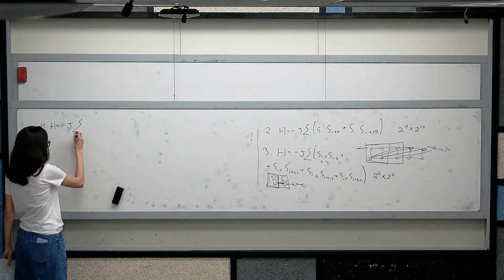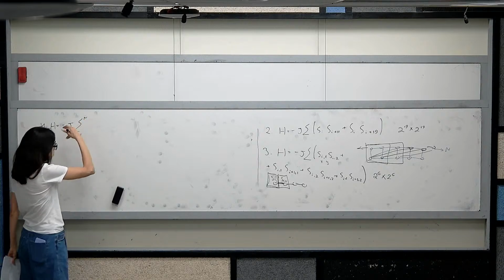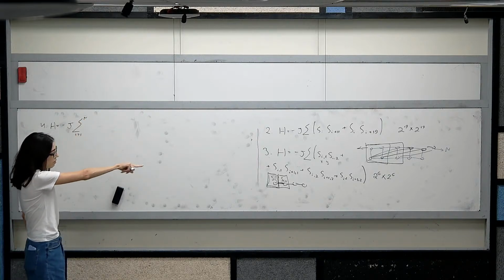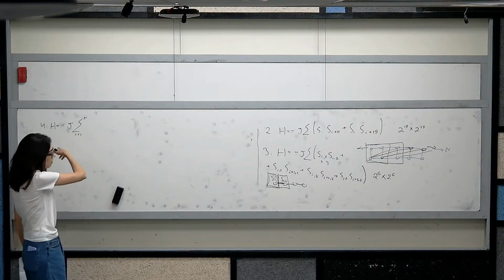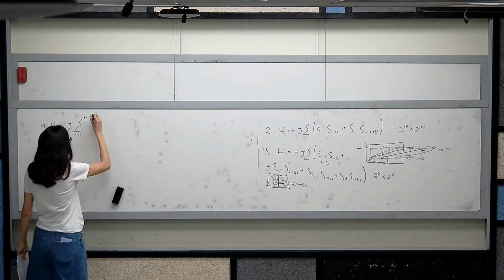So we have i going from 1 to n as usual. I never write what i is, but you know.